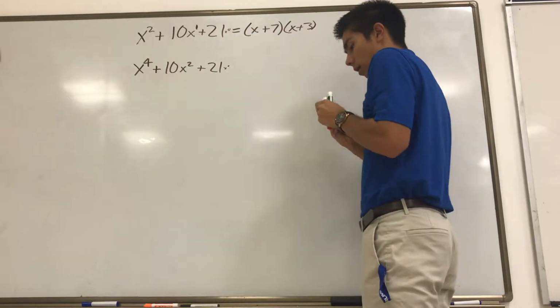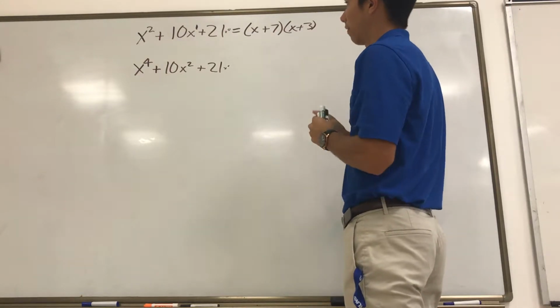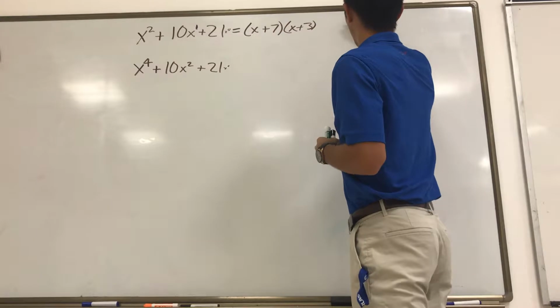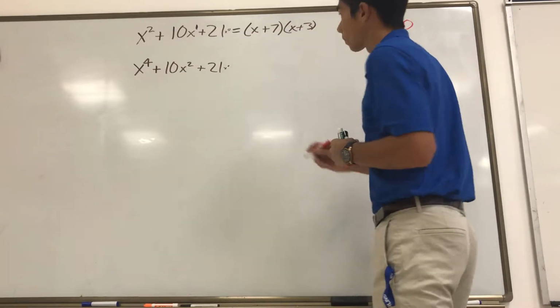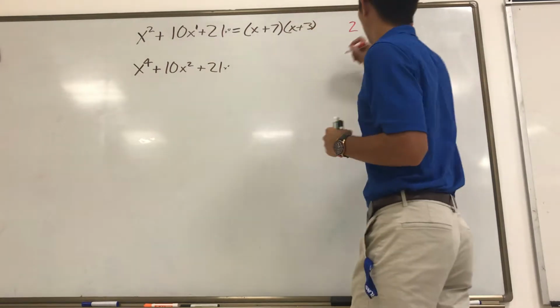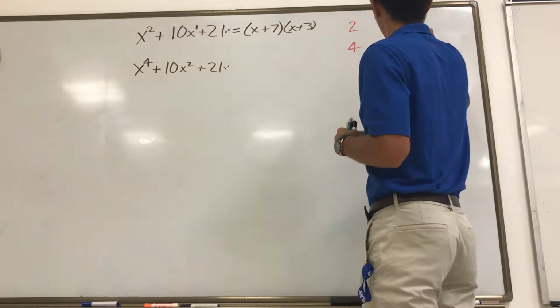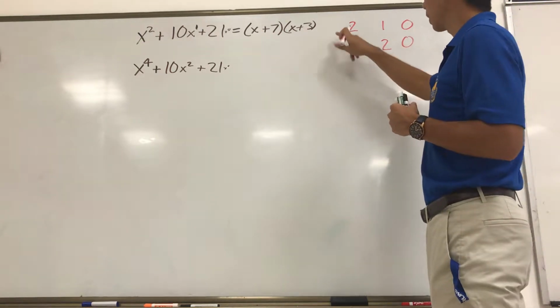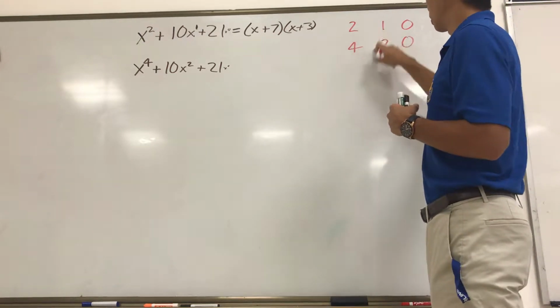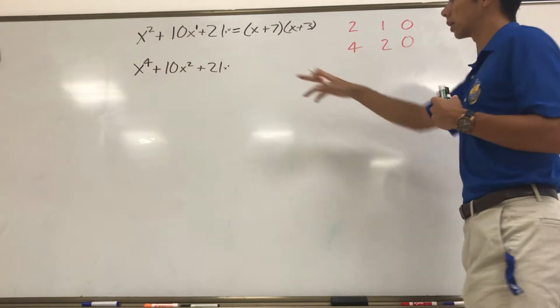that should be familiar from when we were doing linear systems. In the first one, my exponents are 2, 1, 0. In this one, my exponents are 4, 2, 0. So all I'm doing is multiplying each of my exponents by 2 to get to this bottom statement.